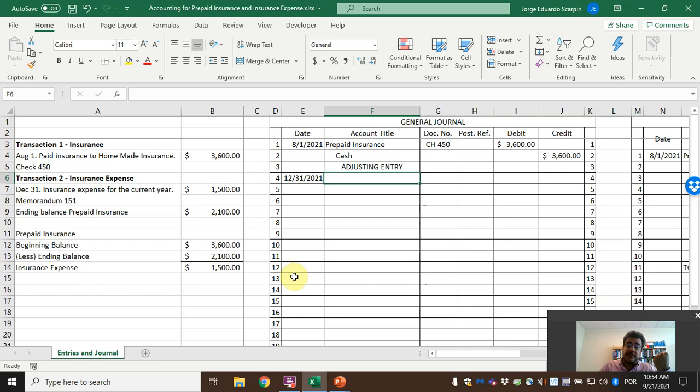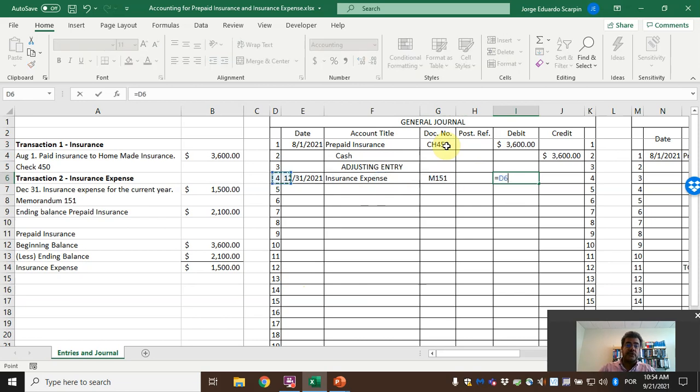An expense, the normal balance is a debit. So insurance expense. Memorandum 151. How much? 1,500. And our credit, we need to reduce our prepaid insurance. 1,500.